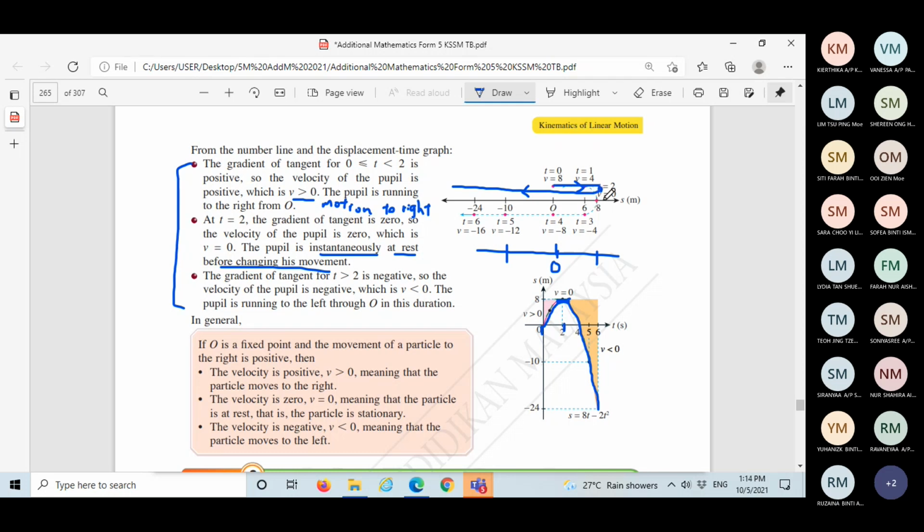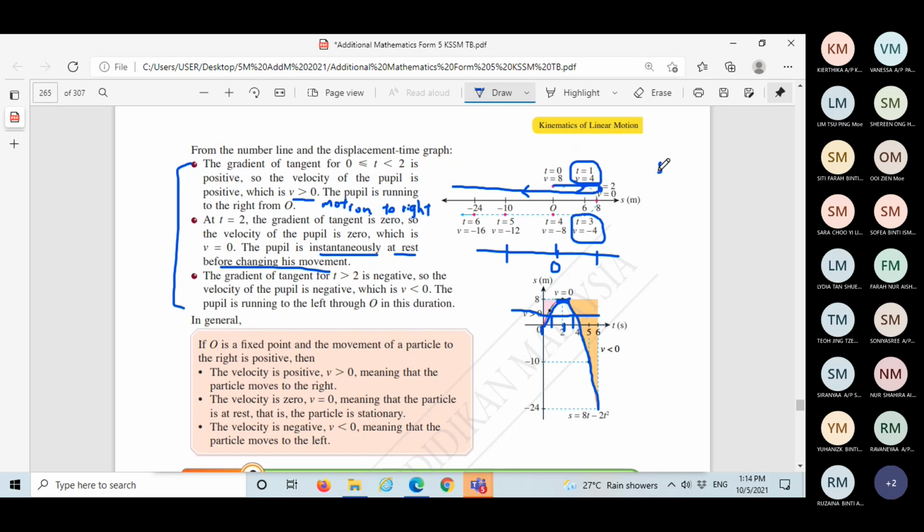Okay, you look at this point. When t is 3, and when t is 1, their s is the same. Here their s is 6.